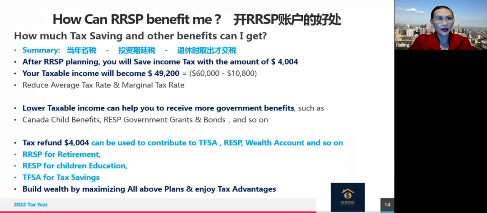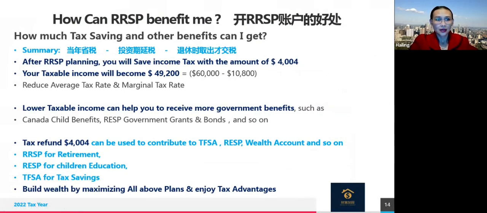So here, let me just do a summary. How can RSP benefit you? Number one thing, we know that you can save income tax for the current year, okay? You get a tax refund, $4,000, that will be like the tax saved is the money you earn, correct?